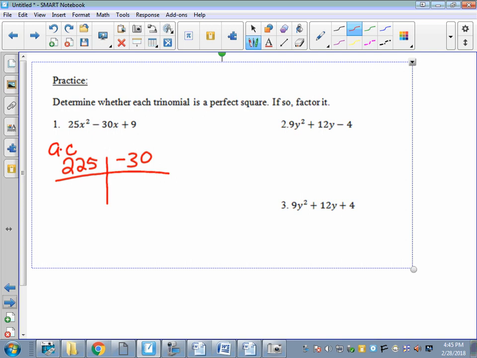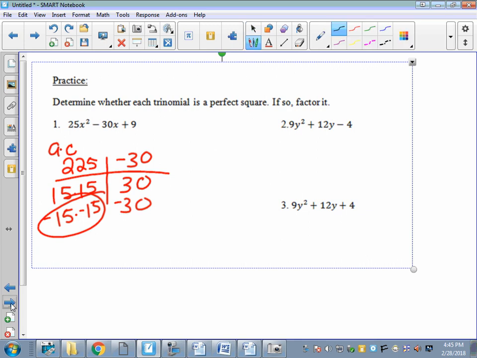I look at that and I can think, well, that's 15 times 15. 15 plus 15 gives me 30. Or I could try negative 15 times negative 15. And that gets me my negative 30 that I'm looking for.